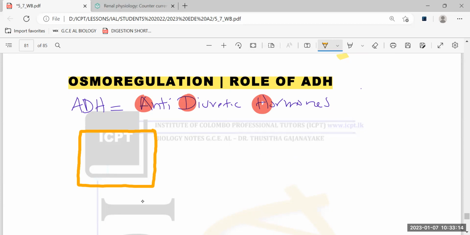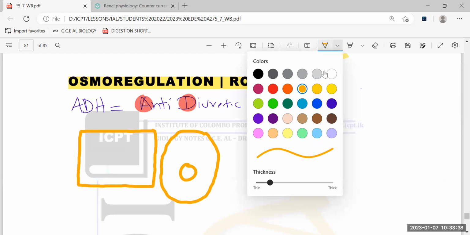All right. If we take the human body or other animal body, all the cells communicate with extracellular components. There's something called intracellular and extracellular.